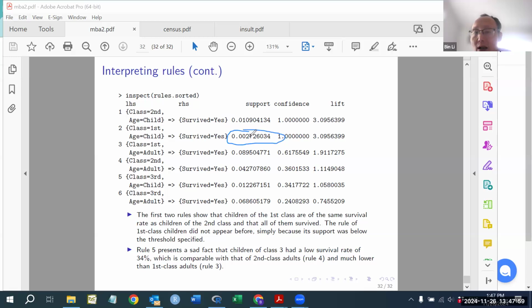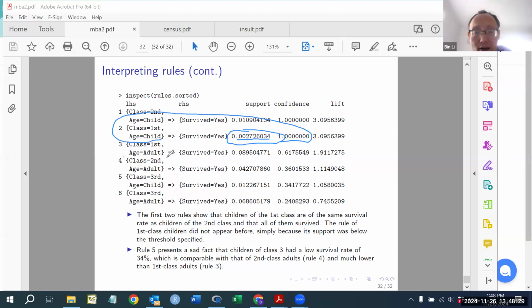That means only about 0.27%, so less than 0.3% of the passengers are first class children. Because of the low support, it's below the threshold that we set first. So that's why it didn't appear. But it shows that all the first class children survived.